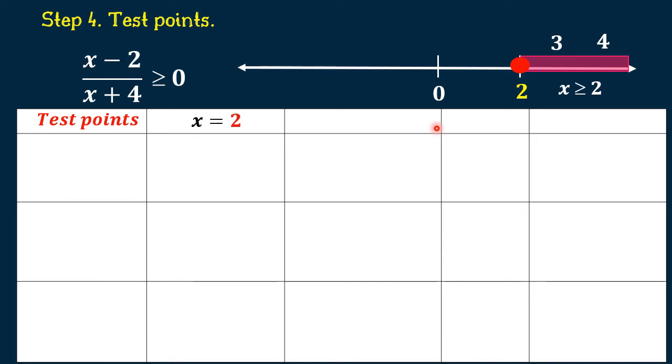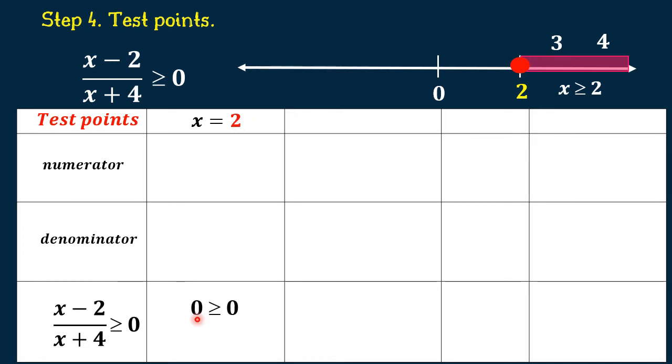We will try positive 2. Since positive 2 is included, a while ago, since this is a critical point, we have already identified the value, and the value of course is 0. So when x is 2, our quotient is 0. So 0 is greater than or equal to 0, and this is true.